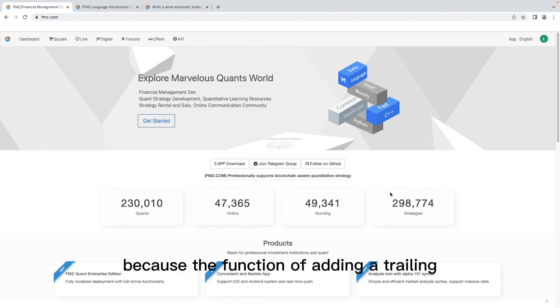Because the function of adding a trailing stop profit and stop loss function to a strategy we want to design is to be implemented by the function strategy.exit. First, let's review the function strategy.exit.